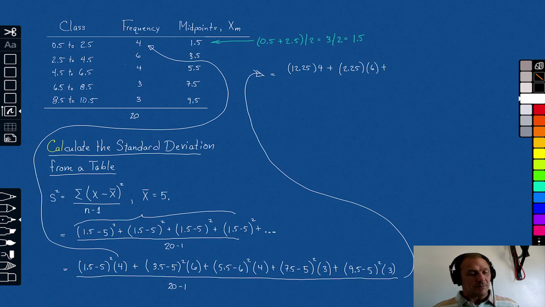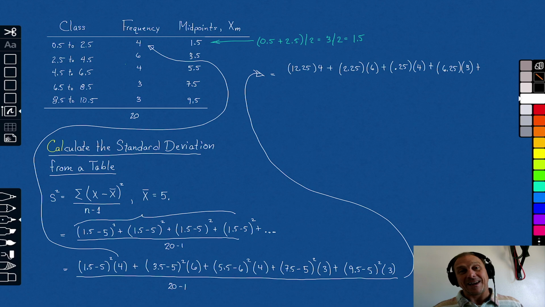Square it, 0.25, multiplied by 4 plus 7.5 minus 5, that's 2.5. We square it, we get 6.25 times 3 plus.